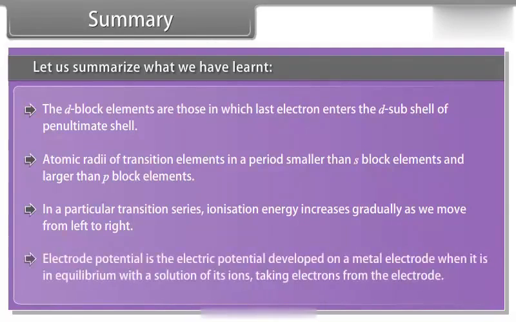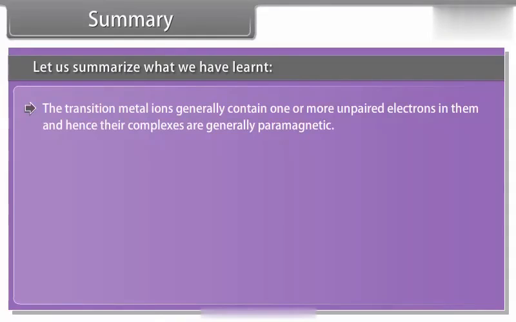Electrode potential is the electric potential developed on a metal electrode when it is in equilibrium with a solution of its ions, taking electrons from the electrode. The transition metal ions generally contain one or more unpaired electrons in them and hence their complexes are generally paramagnetic.